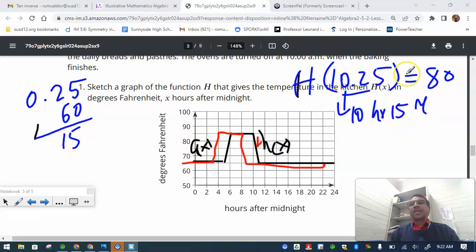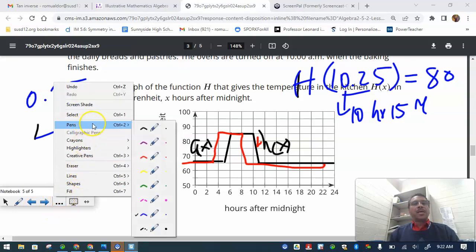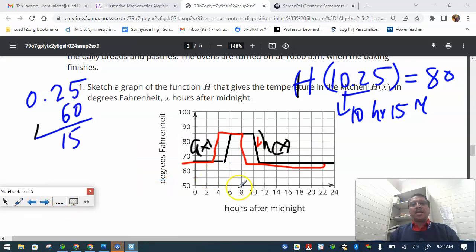So that means exactly at 10 hours 15 minutes. Can I check using a pen here, maybe in green color? So this is the 10, right? This is 10, and this is 11. So you see this part, this is that point. So at 15 minutes past 10, the temperature is 80.